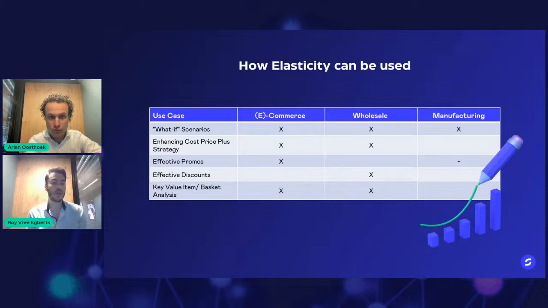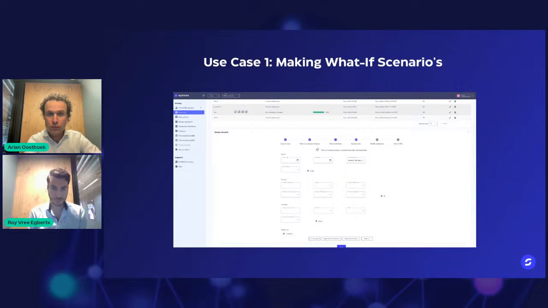So let me first start with the what-if scenario. The what-if scenario basically gives a pricing manager the option to make a scenario in Simpson based upon the elasticity models we have for a specific region, specific sales channel, specific category, specific brand, you name it. And to say, what if I increase my prices by 2%?